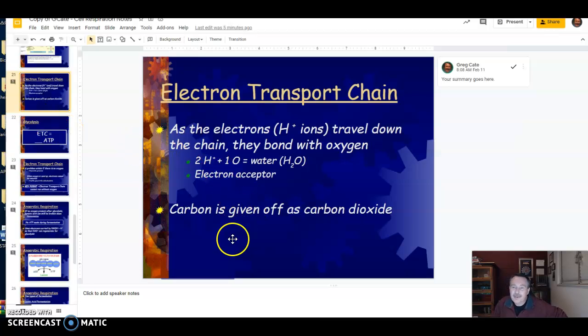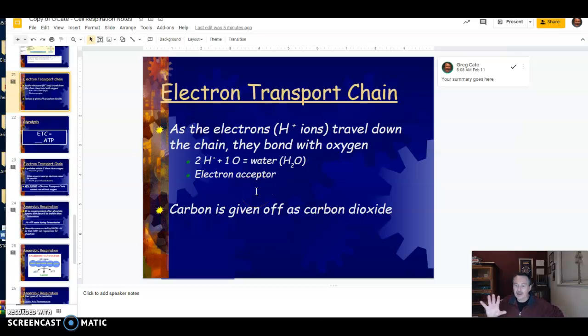All right, number 21. Again, you're going to do a summary on this one, a summary on the right or a summary at the bottom, where CO2 is going to be given off in the Krebs cycle, water is given off in the electron transport chain.